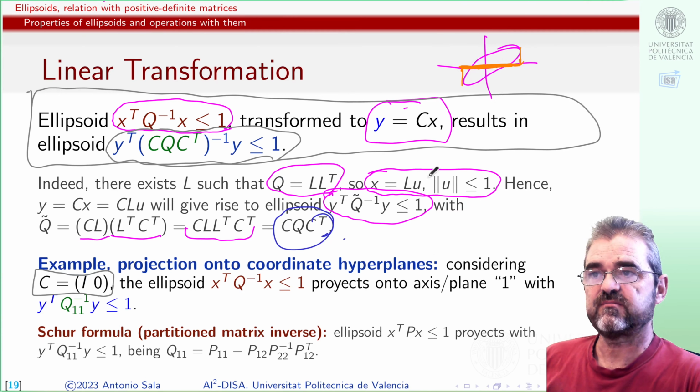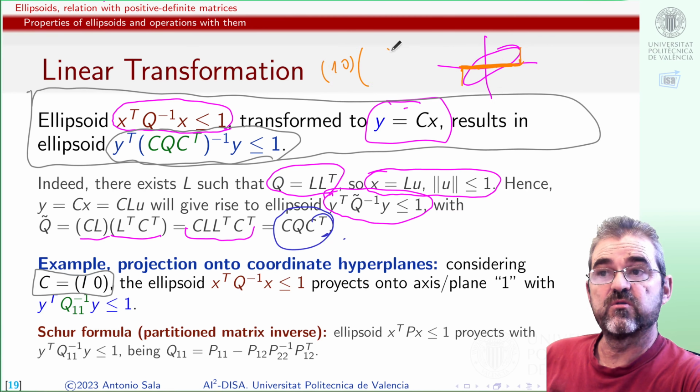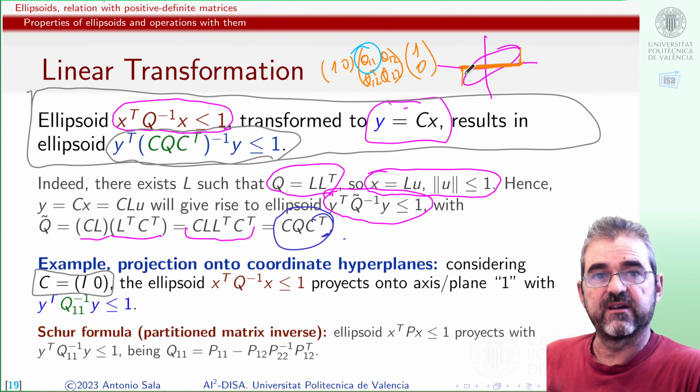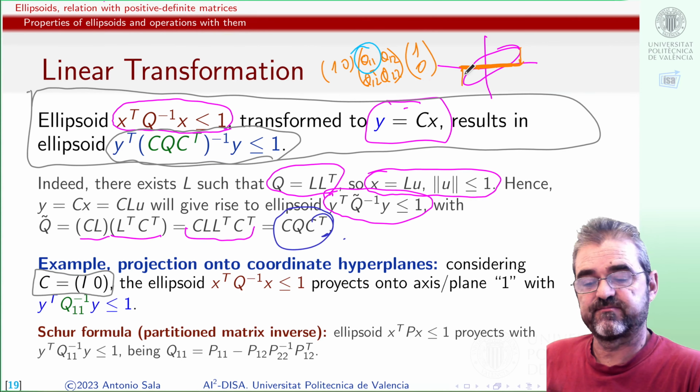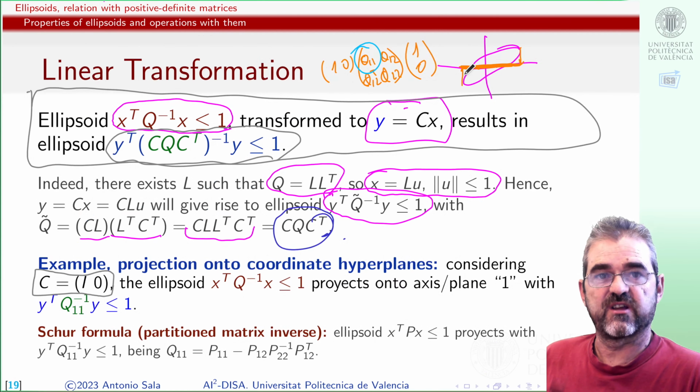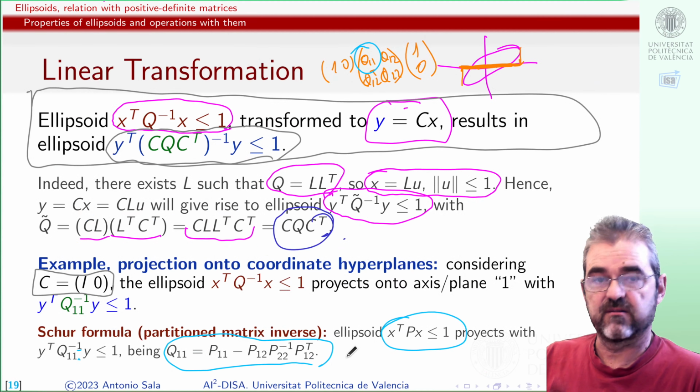Well, in that case, C equal 1, 0, C Q C transposed will give me Q11. So Q11 gives me the projection when the ellipsoid is in inverse form, and we just saw that P11 gave me the intersection when the ellipsoid is in non-inverted form, a kind of duality between intersection and projection. Let's go to Matlab.